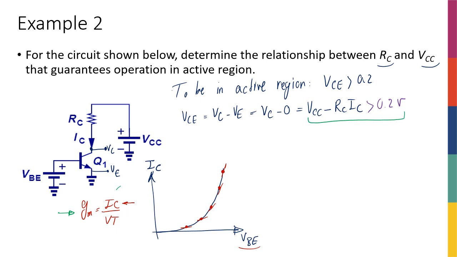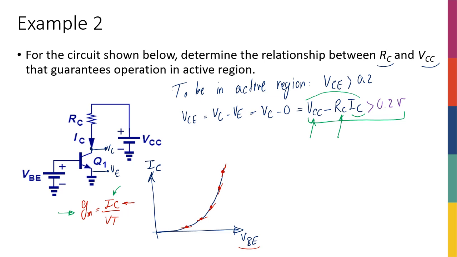If I increase IC, even if I don't care about power, looking at this expression, I can see that my VCC is the supply voltage, so that's a constant value, right? RC is a resistor, that's also constant. If I increase IC, this expression is going to result in a smaller and smaller voltage.